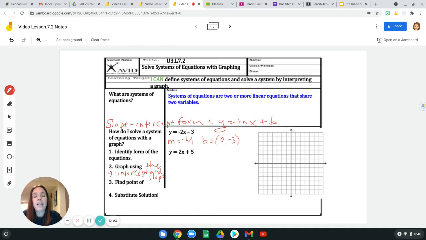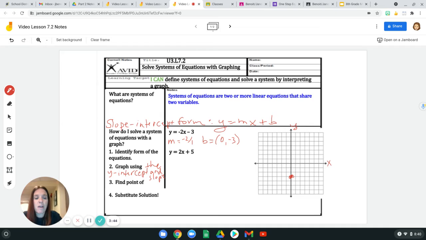So if we graph that line in our system, we start at 0, negative 3. So I'm at my origin and I go down 3. That's on my y-axis because it's my y-intercept, right? And now I'm going to use my slope to find more points on the line.